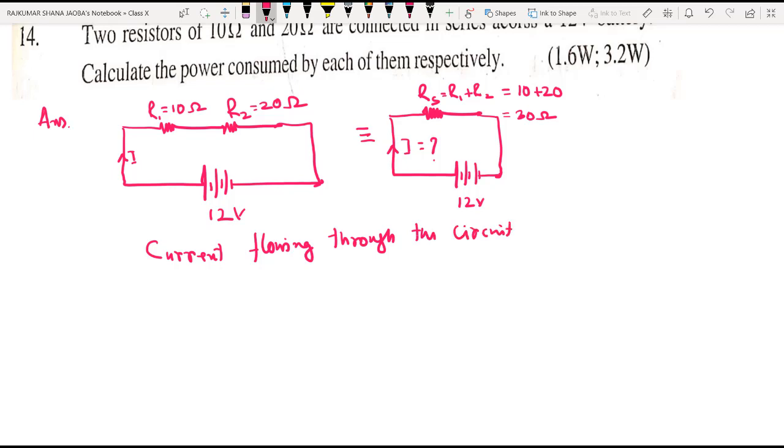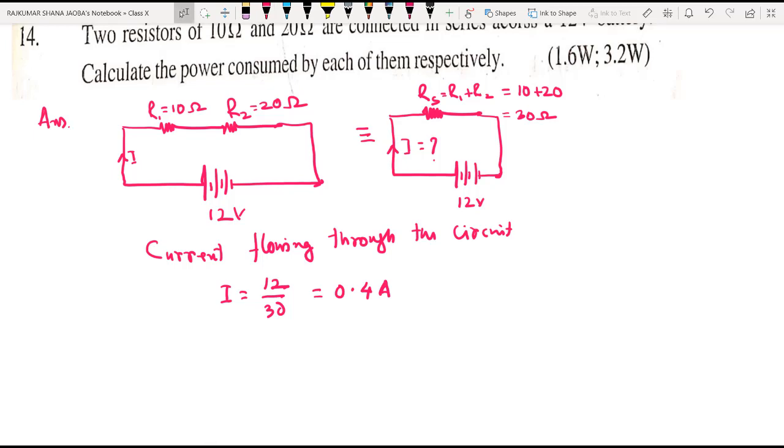Circuit means 10 ohms, 20 ohms. Since they are connected in series, the current will be the same. So I equal to 12 divided by 30. That is 0.4 ampere.